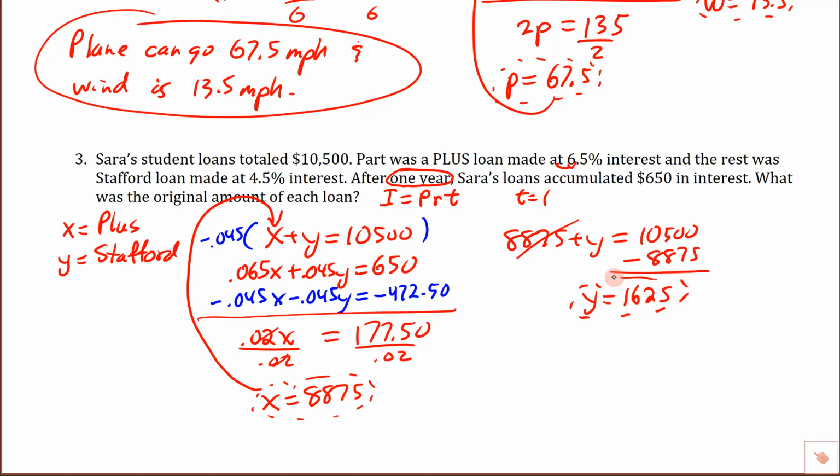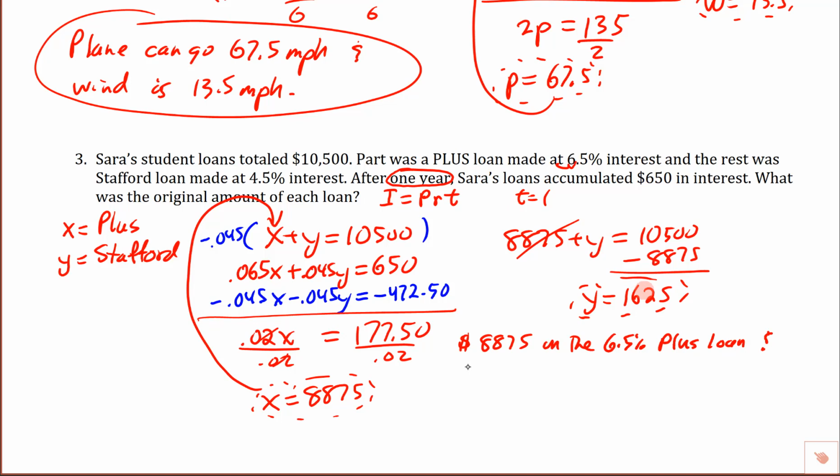And now we need to make sense of the answer. So remember, I went ahead and used x's and y's instead of a p and an s on this one. You could do whatever you want, but x represents the PLUS loan and y represents the Stafford loan. So we're going to write this. Let's go ahead and write down 8875 on the, let's see, that was a 6.5% PLUS loan.